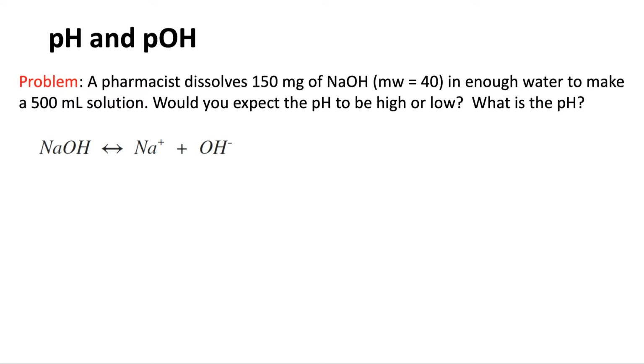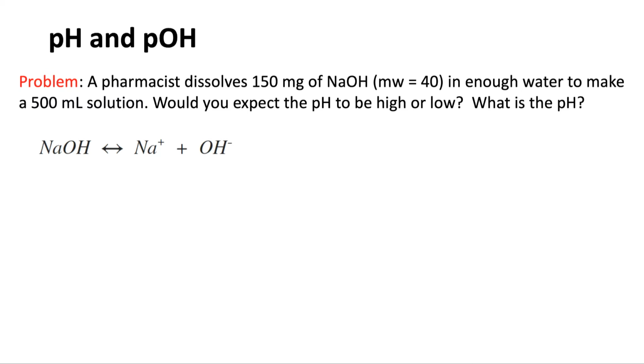We chose sodium hydroxide because it is a strong base, meaning that it almost completely dissociates. So we'll basically have no parent molecule left, meaning the amount we start with entirely converts into sodium or hydroxide. There will be no sodium hydroxide parent molecule left after the reaction has occurred.